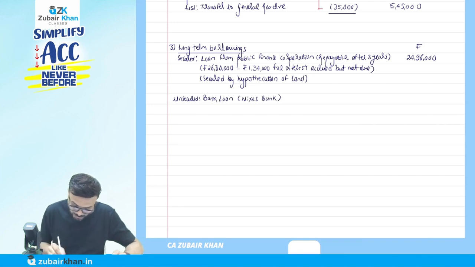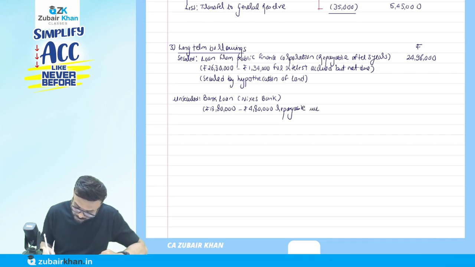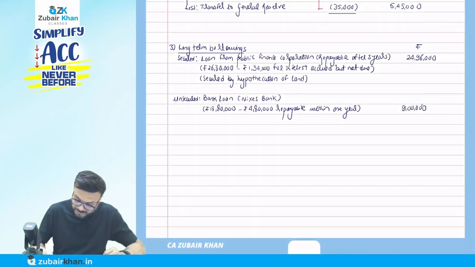Total amount was 13,80,000 minus 4,80,000, repayable within 1 year. So that is coming how much? 9 lakhs, repayable within 1 year.